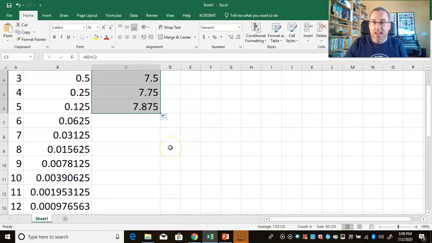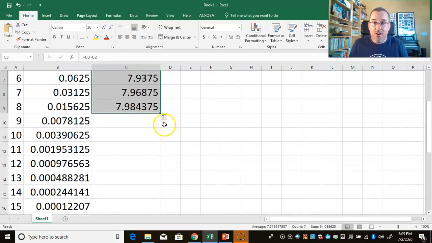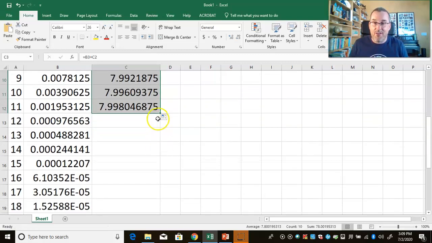So notice, as this series goes on, we're adding on smaller and smaller and smaller amounts. And so would you think that this infinite geometric series converges to a finite amount? Or do you think it diverges and just keeps getting larger and larger and larger?